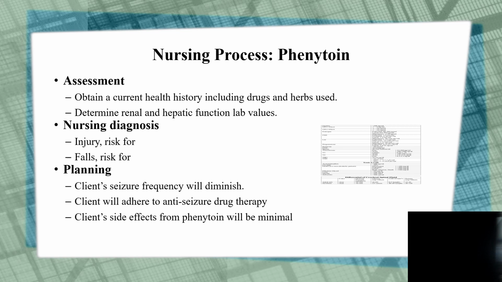And drugs include prescribed and over-the-counter medication that is being taken presently. You also want to determine the renal and hepatic function, the lab values. So you want to review those prior to administering the medication.